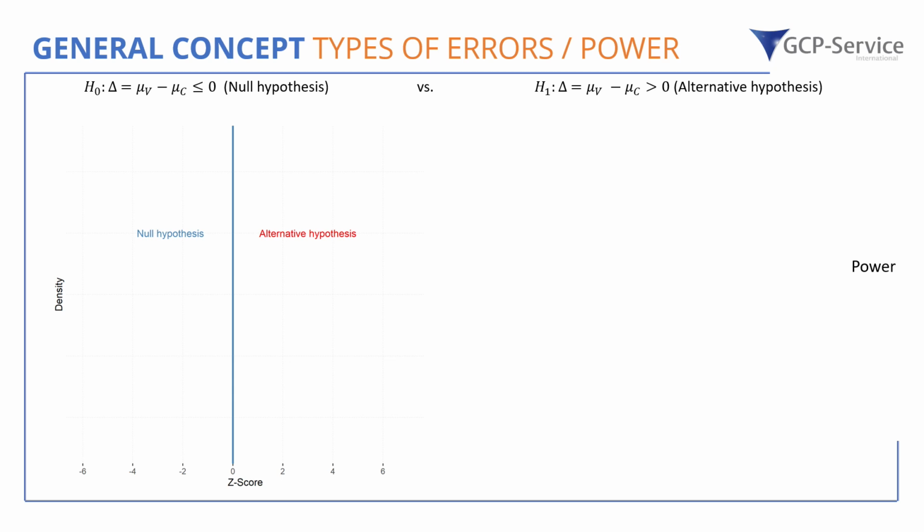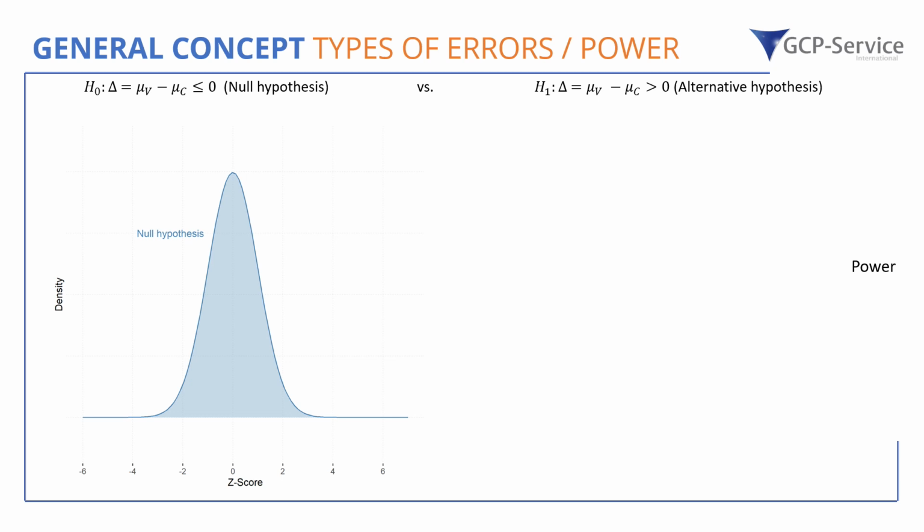We would have here on the x-axis the treatment effect, and if we investigated the whole target population, we could decide after the investigation whether the null hypothesis is true or the alternative is true. But as I said, we have to draw a sample, and therefore we have to make a decision under uncertainty.